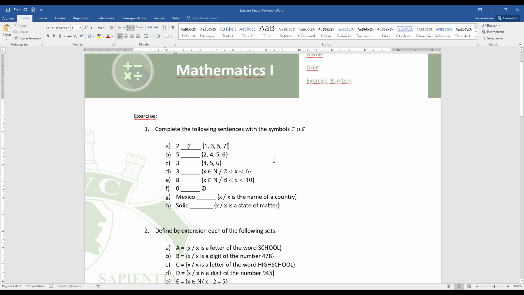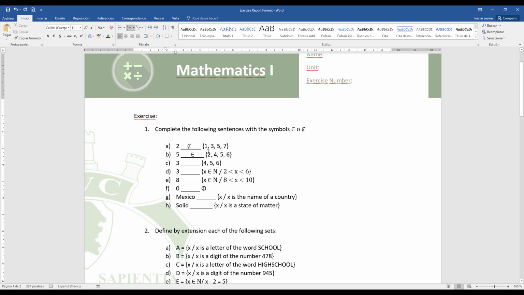For the next exercise, 5 is inside of that set, so it means that the element is inside of that set.